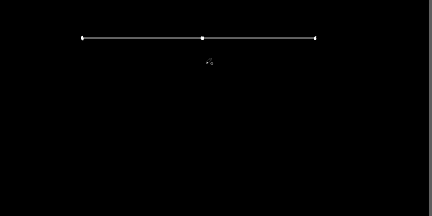So let's say this is a number line, and let's say I'm here at the number 3, and I want to go up to the number 13, okay? And I want to find out what number is in the middle of 3 and 13.